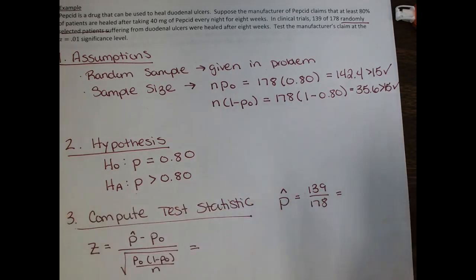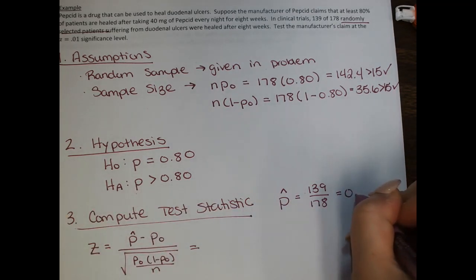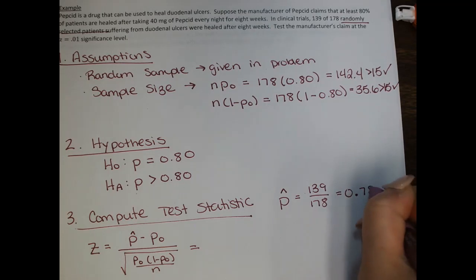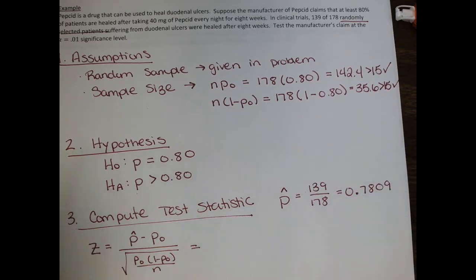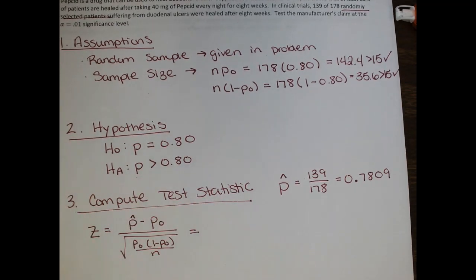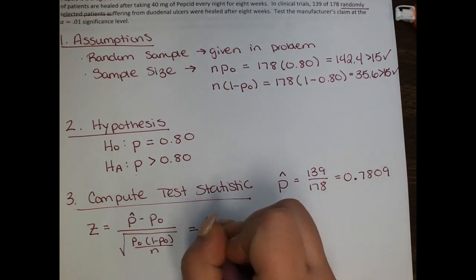In general, you want to take everything out to 4 decimal places. The exception to this will be when we get to the end of the calculation of the test statistic. So now that we've got our P hat, we can fill in the values of our formula.